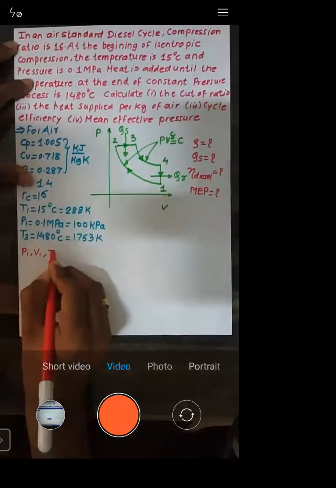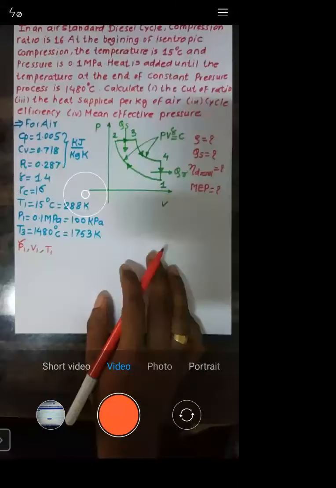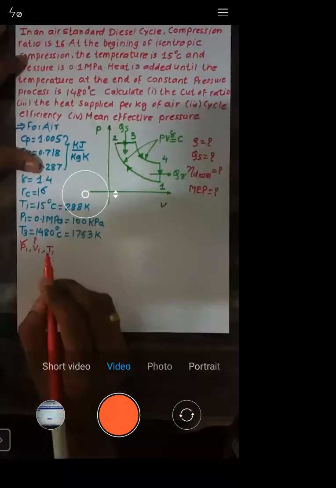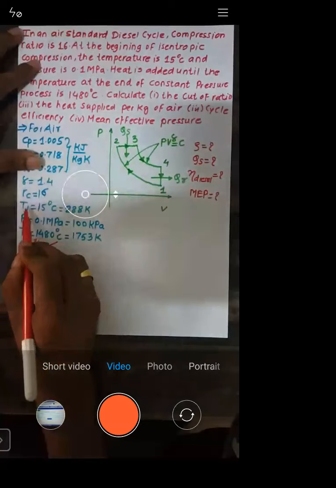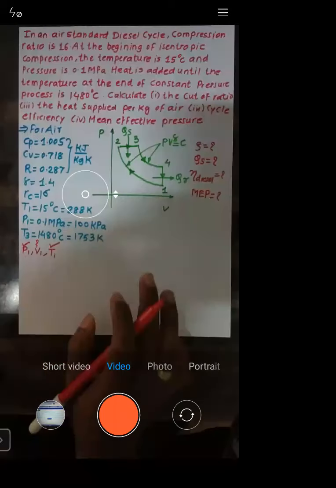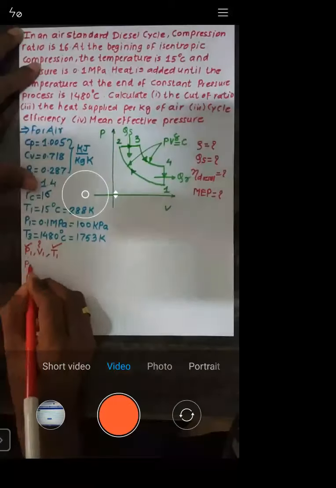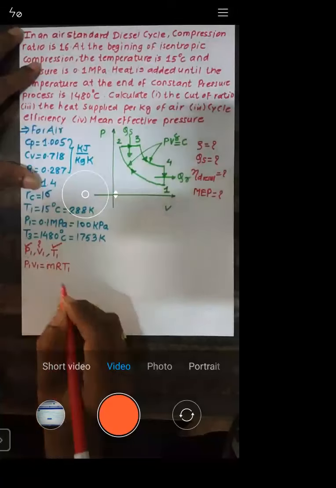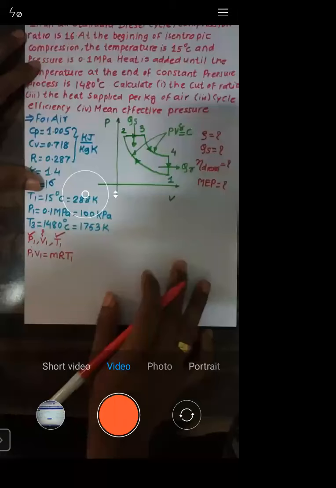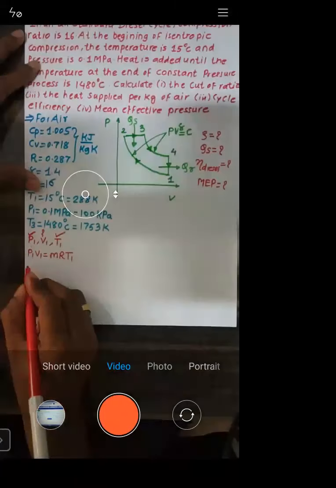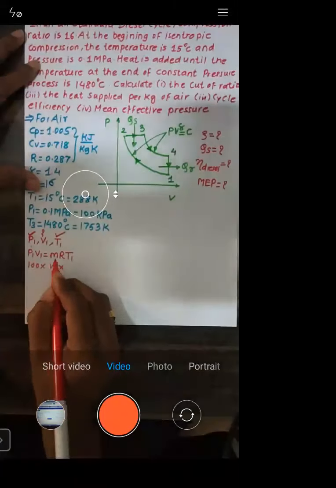T1 is given, P1 and T1 are given. V1 is not given. How to calculate that? We will apply the ideal gas equation, P1 V1 is equal to MRT1, as in the last problem. P1 is given as 100 kilopascal into V1, which I am supposed to calculate.